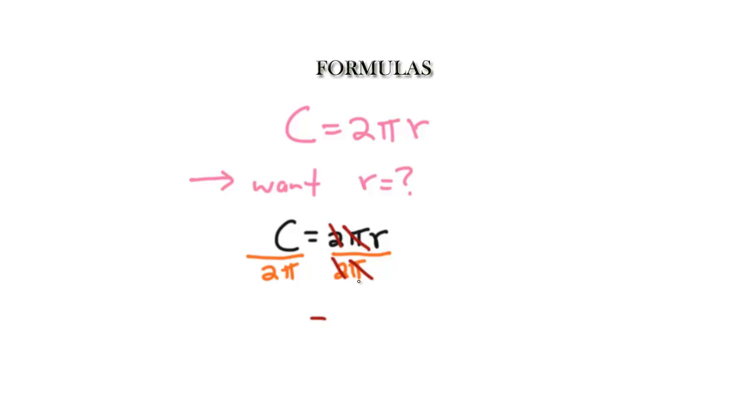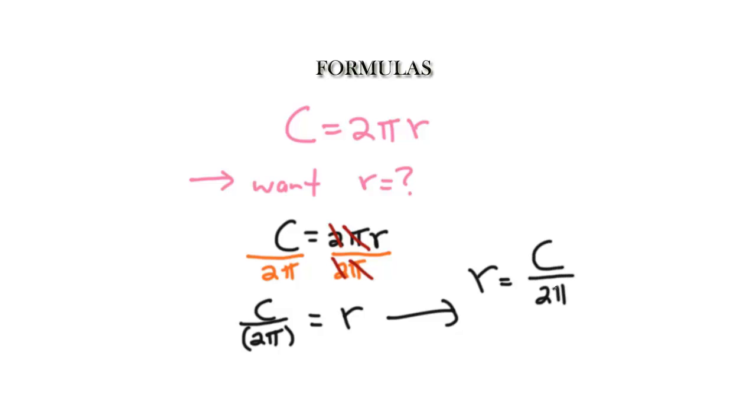So you're left with the radius on the right and C over 2 pi on the left. You can put parentheses around here if you like. So let's write it a little bit nicer: the radius is equal to the circumference of the circle divided by 2 pi.